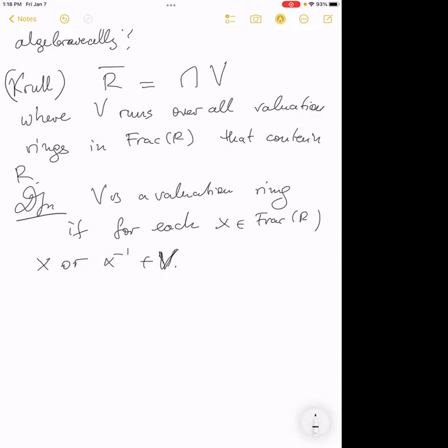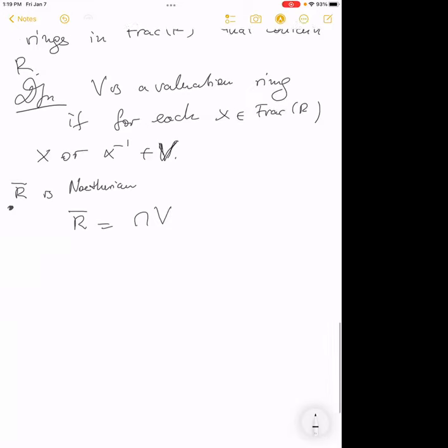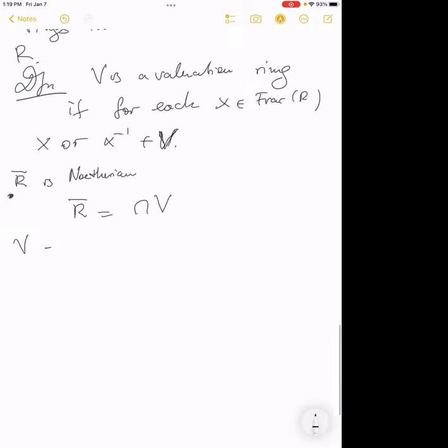So there is a more precise version of Krull's result, assuming that the normalization is Noetherian. Then one can restrict this intersection to a special class of valuation rings called discrete valuation rings, which I will denote in this way.